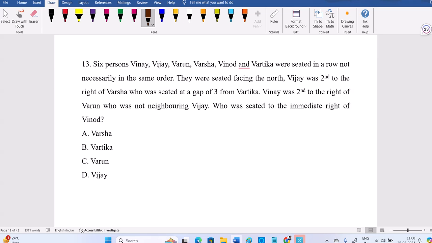6 persons: Vinay, Vijay, Varun, Varsha, Vinod, and Vartika were seated in a row. Previously 7, now 6 people. They are facing towards north. Now let's try this. Everyone give a try. What's your answer?